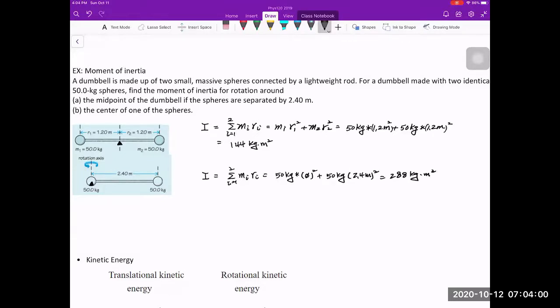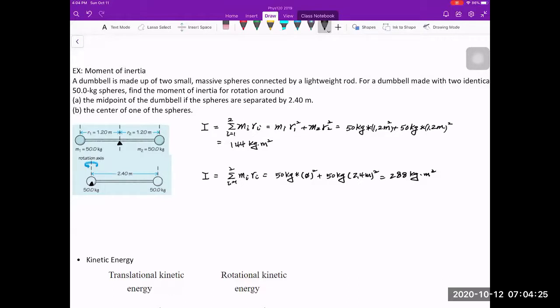Same object, but if you're rotating about a different point, then you will have a different moment of inertia. Now, as we said, which one is easier to change in rotational motion? Which one is easier to make rotate? The larger the I, the harder to rotate.